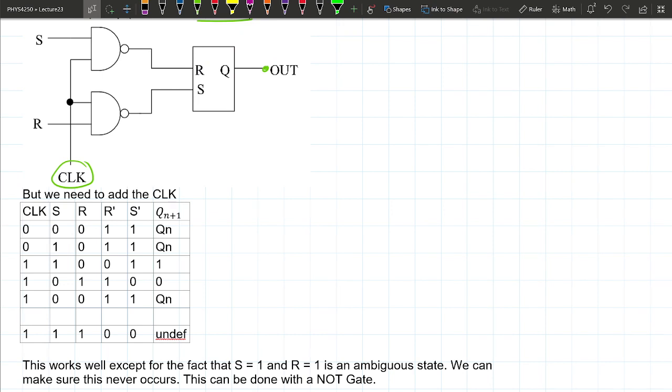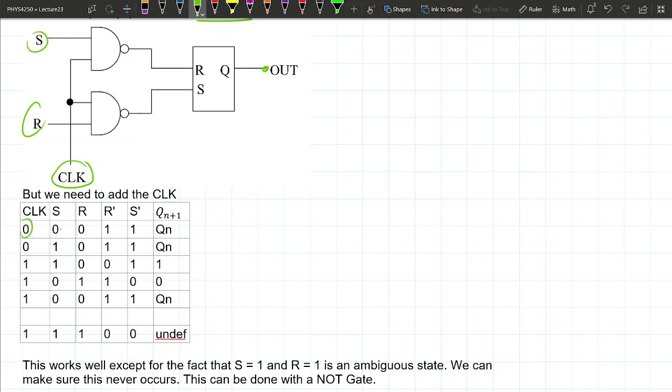So let's say my S and R are both at 0. From the truth table of the RS flip-flop, the outputs of these NAND gates are going to be opposite of the inputs if the clock is 0. Even if the clock is not 0, it's going to be opposite of it, because they're NAND gates. It only goes to 0 if both inputs are 1.